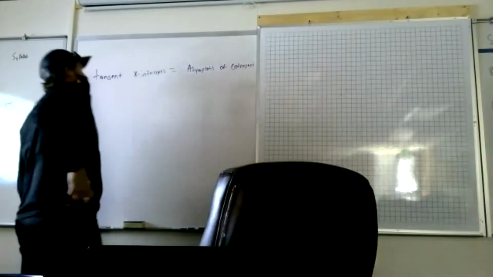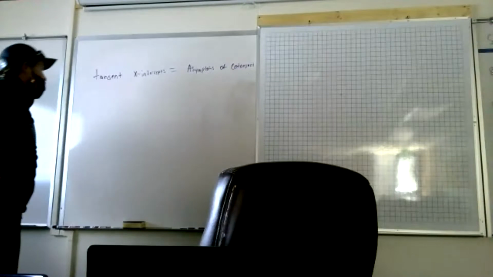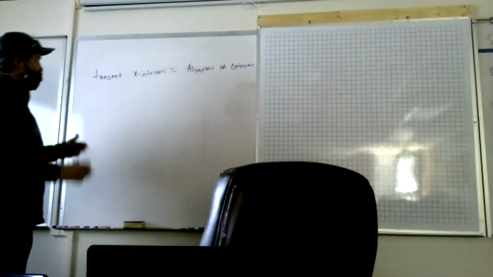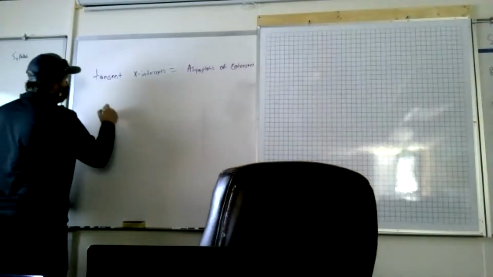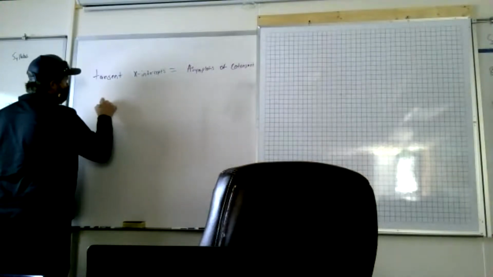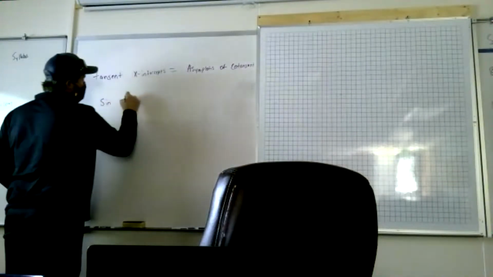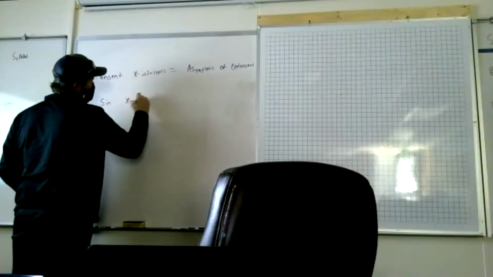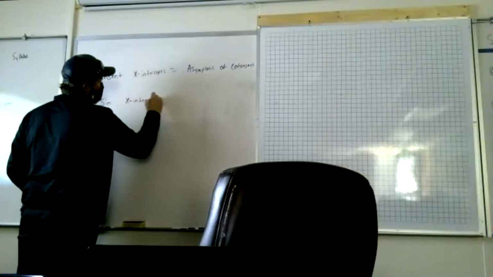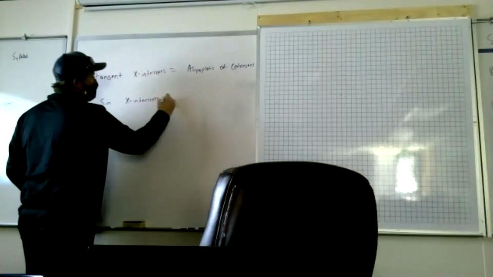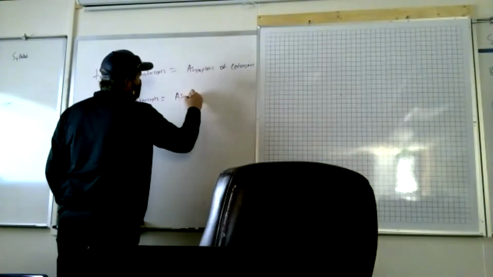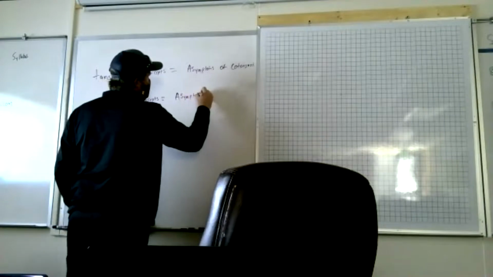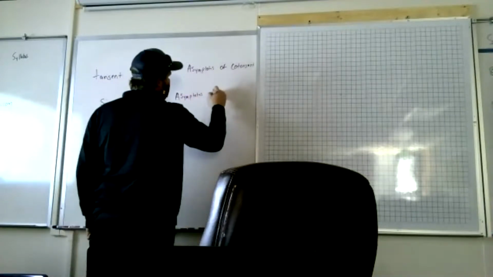That's because tangent was y over x, and cotangent is x over y. So the same thing happens here. When we take the sine function and we find its x-intercepts, those are the asymptotes of cosecant.